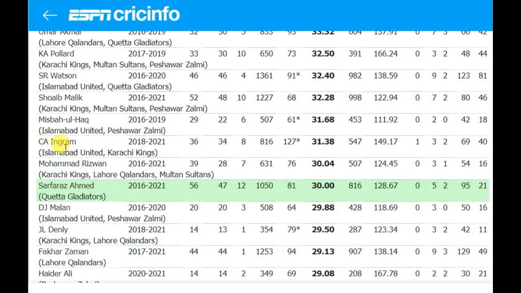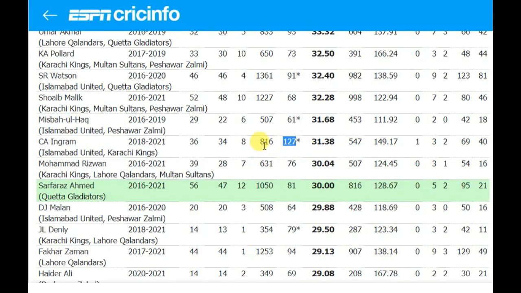If you look at the data of Ingram, the average of Ingram is 31.38. So we can expect that Ingram will score around 30 or 35 or 25 in the next match. We can make the prediction, or we can think about Ingram like this. But the highest score of Ingram is 127.